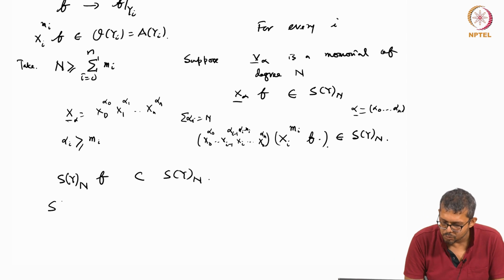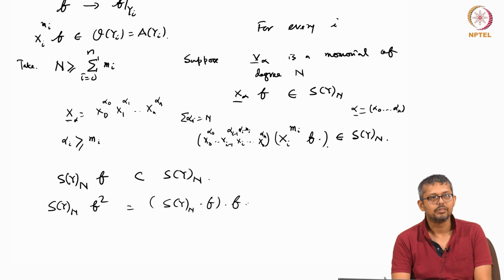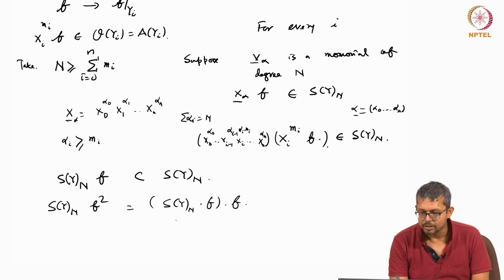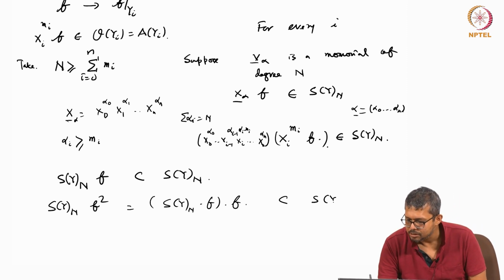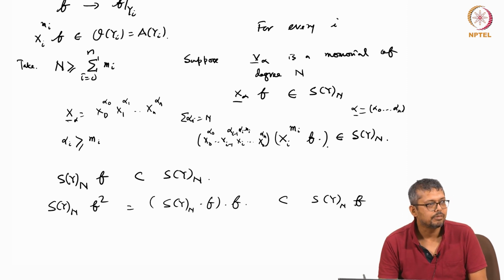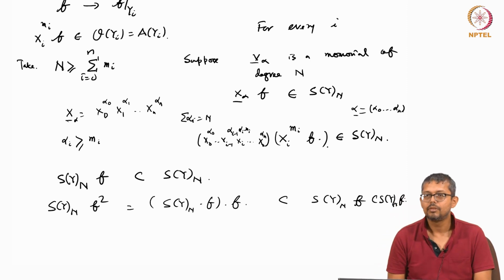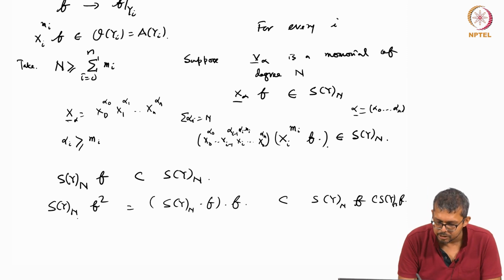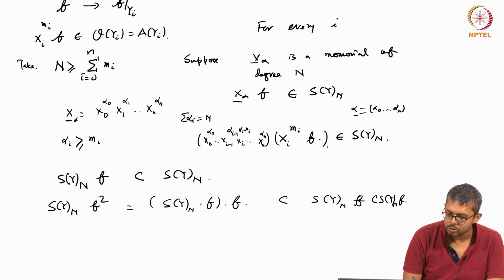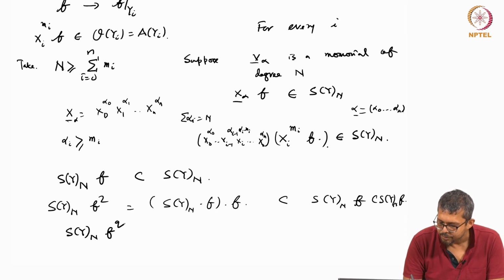For S_Y N f squared, first you do it on f, and then again you do it over f. So this is again in S_Y N f times f, but again this is nothing but S_Y of N f. In general it has nothing to do with the square. It is true for every power of f.